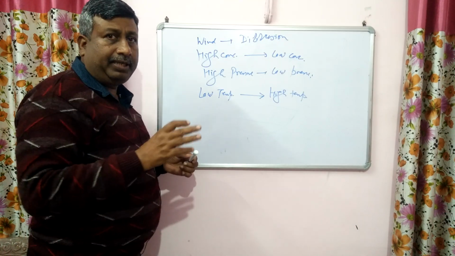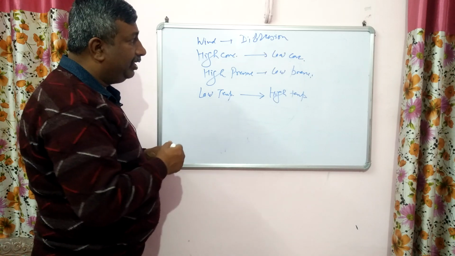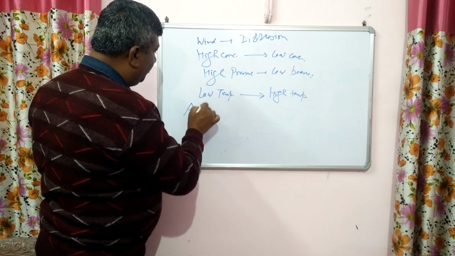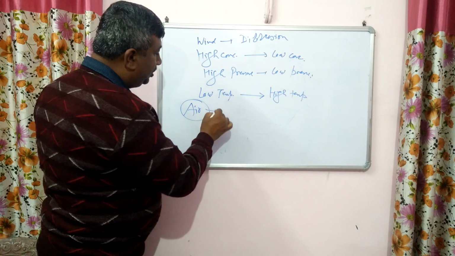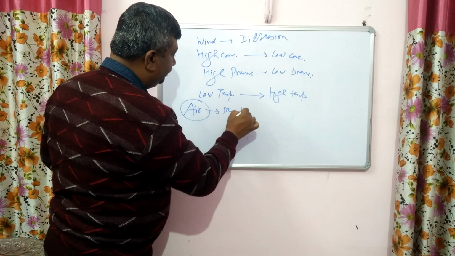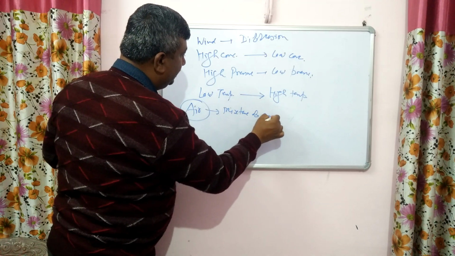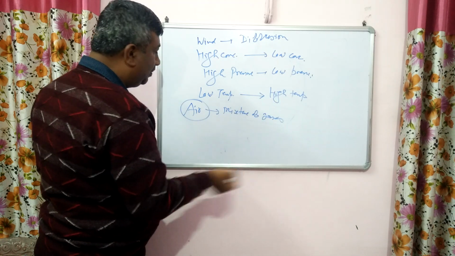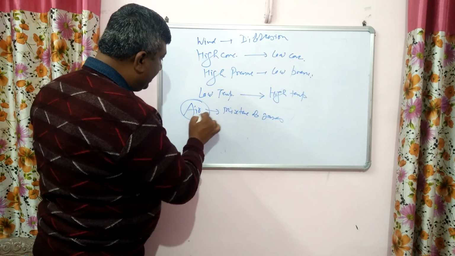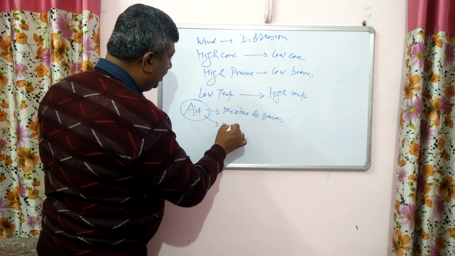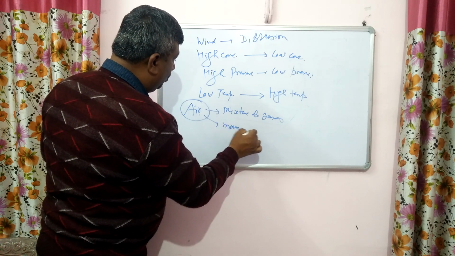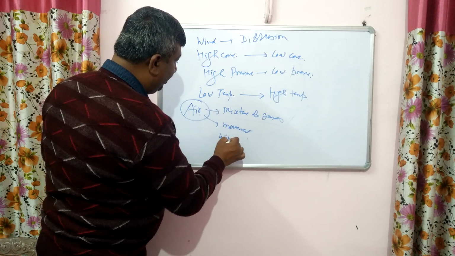And there is a difference between air and wind. Air is a mixture of gases. Different gases are there, and the major gas is nitrogen, about 78%. And when air moves horizontally, that movement is known as wind.